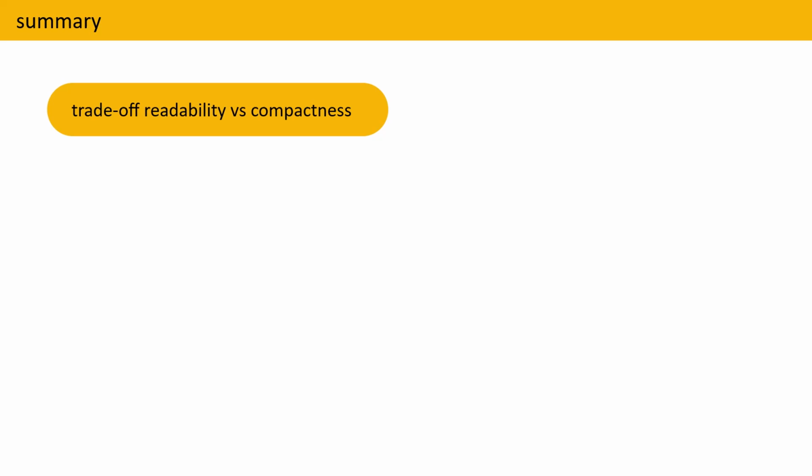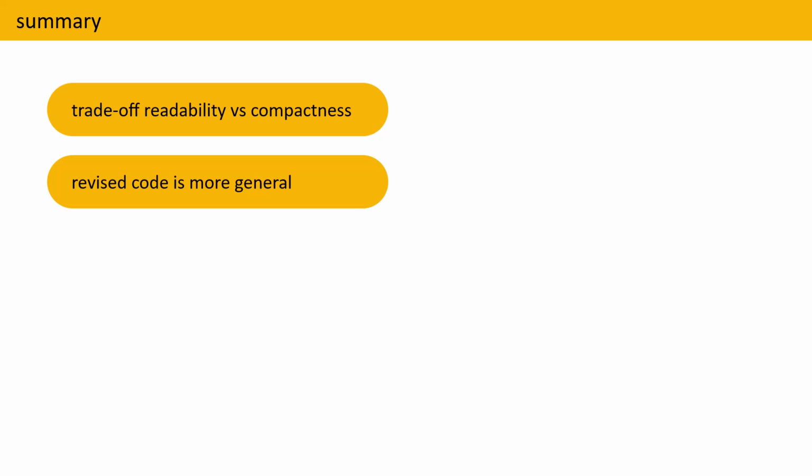To summarize, there's a trade-off between readability and compactness. The original code is designed as a tutorial and more suitable for beginners. The revised code uses more advanced concepts, which makes it more compact and general, but also more difficult to understand.